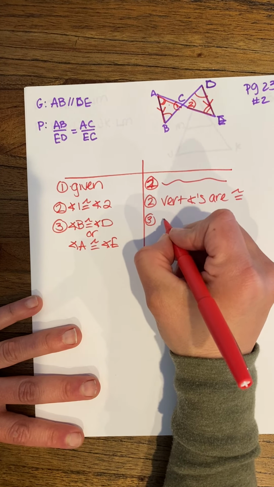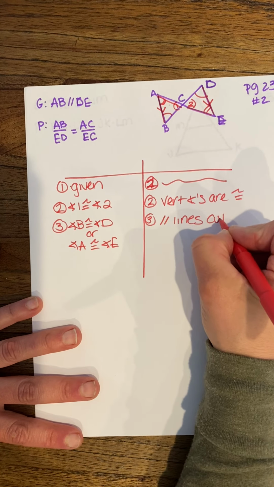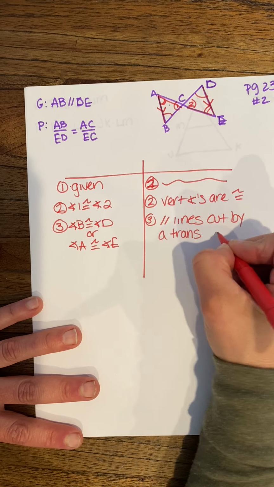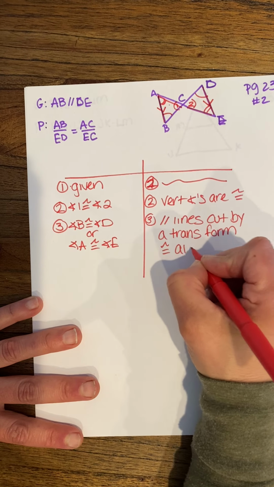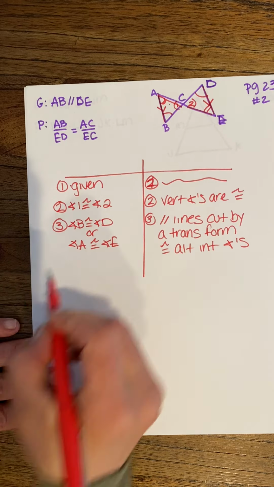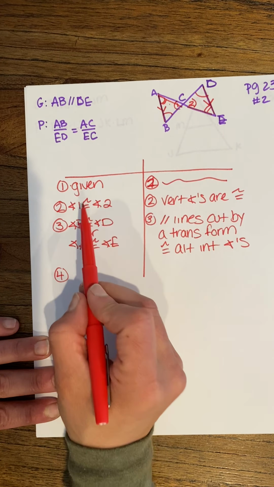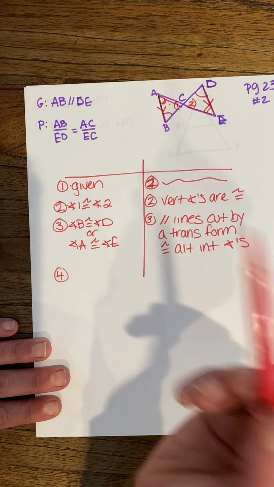And that would be parallel lines cut by a transversal form congruent alternate interior angles. Now, what I could have done too is, if I said both sets of alternate interior angles, I could have left off the vertical angles altogether, so it wouldn't matter.